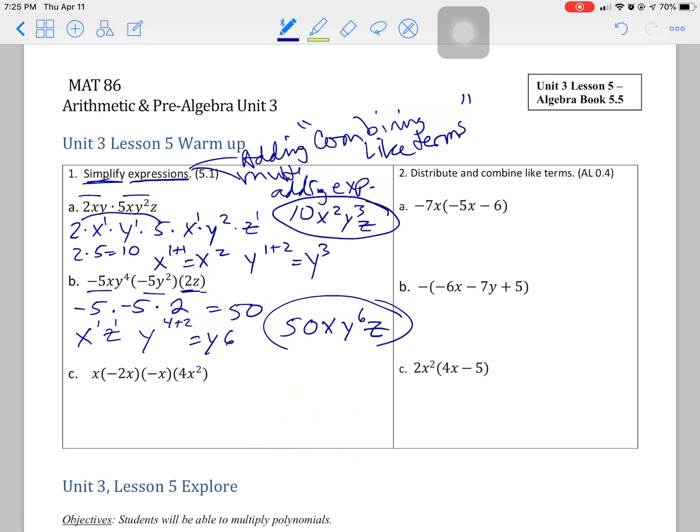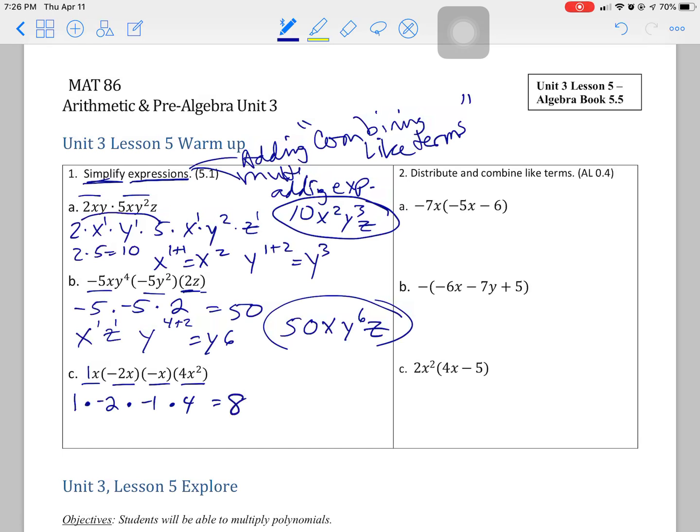These are all adding exponents with no exponents on the outside, so we're adding, okay? Now this one here is this term multiplied by this term, by this term, by this term. So the numerical coefficients is 1 times a -2 times a -1 times a 4, okay? So let's see, 2 negatives make a positive, so 2 times 4 is 8.